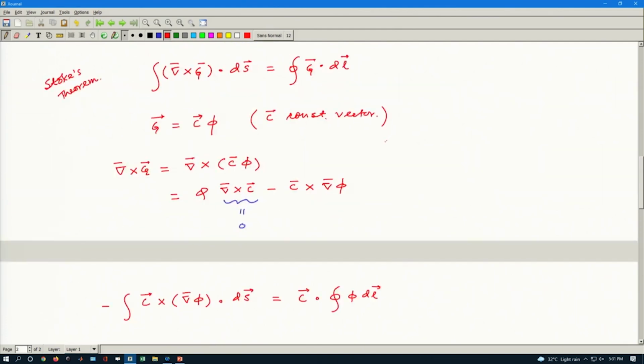So, I just put the curl of G here in this equation, and G is also C phi. So, C I take outside. In this Stokes equation here, I just put the value that I get.